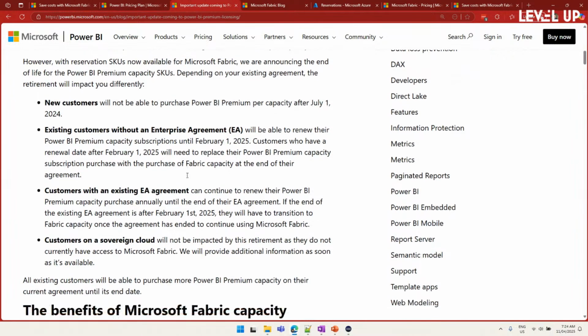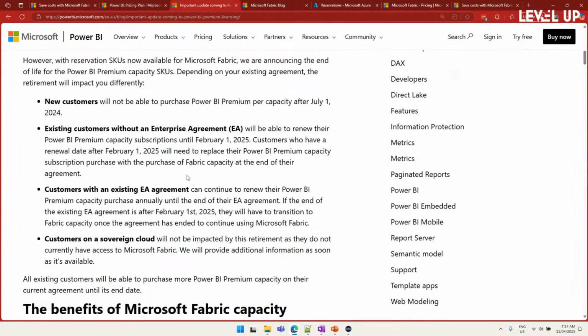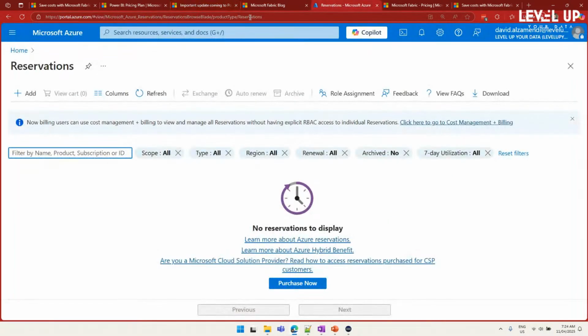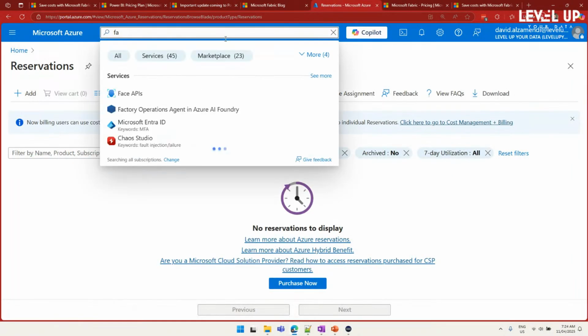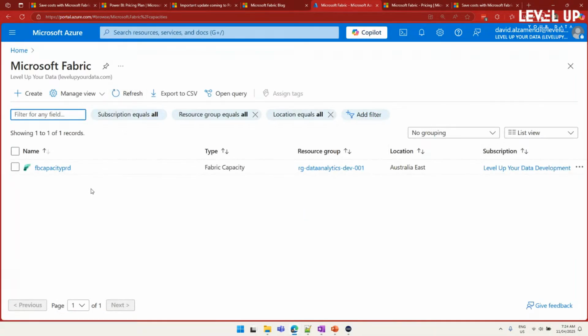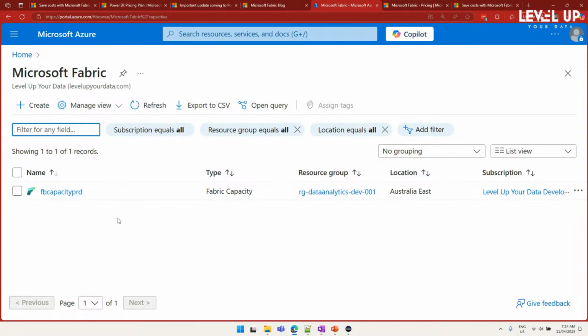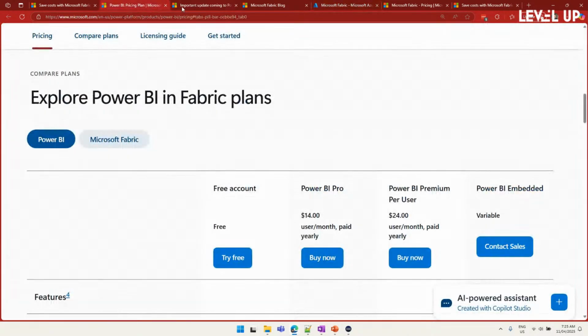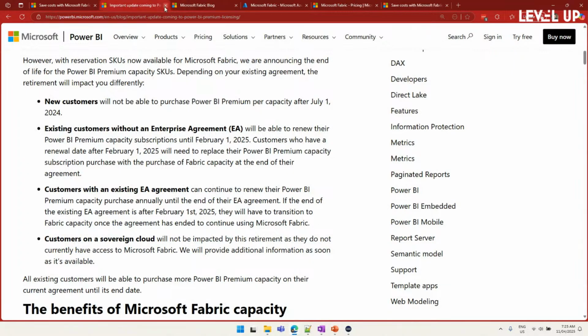And now you have to move to Fabric capacity, which is managed by Azure. Fabric capacities live in the Azure ecosystem. They are not part of the Office 365 offering. That means you don't have the same benefits and discounts that you had previously in the Office 365 offering. Let me close this window.